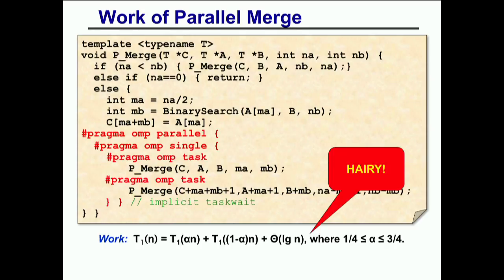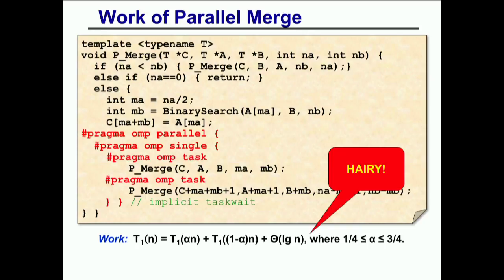But for the work, I have to recurse on both sides, and I have to consider both sides. So there is some alpha that I don't know of. I'm calling myself twice. One of them is alpha times n, the other one with 1 minus alpha times n. And all I know about alpha is it's somewhere between 1/4 and 3/4. I don't know exactly what this alpha is.